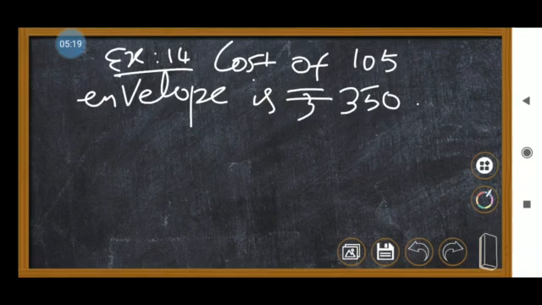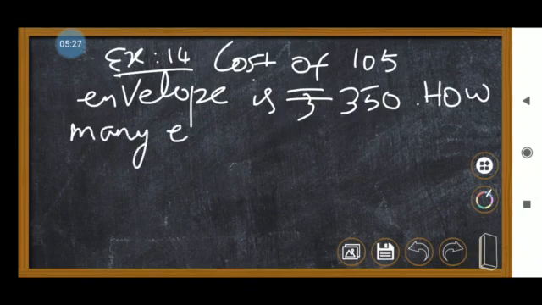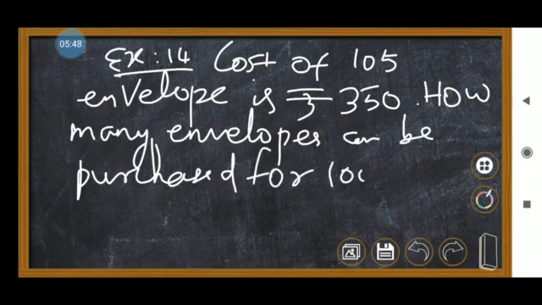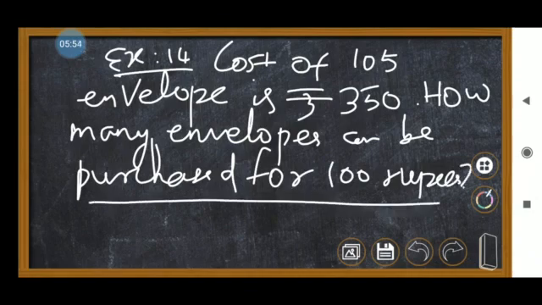And how many envelopes can be purchased for 100 rupees? So for 100 rupees, how many can you purchase?